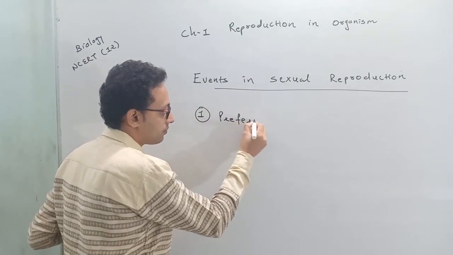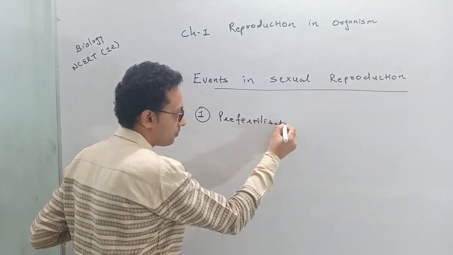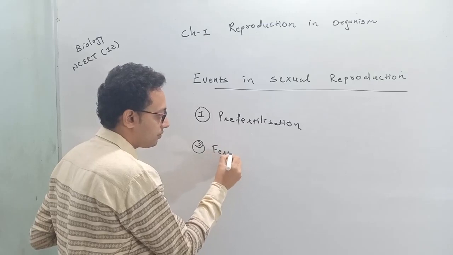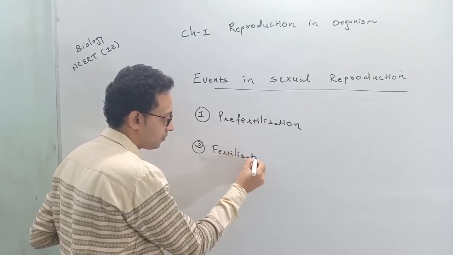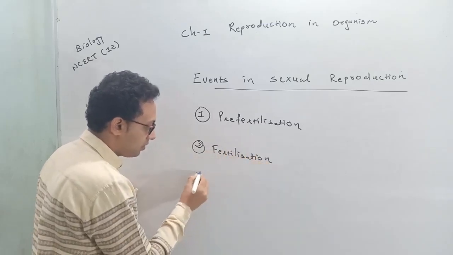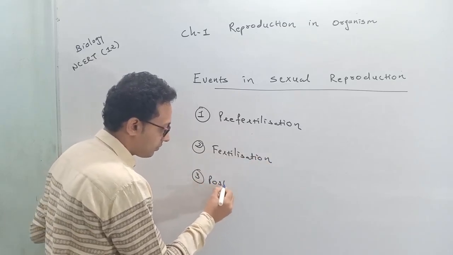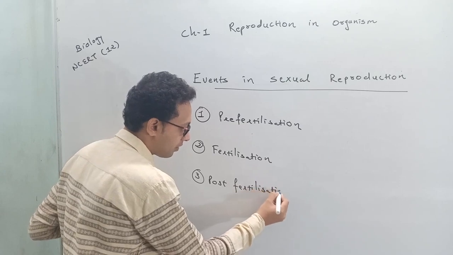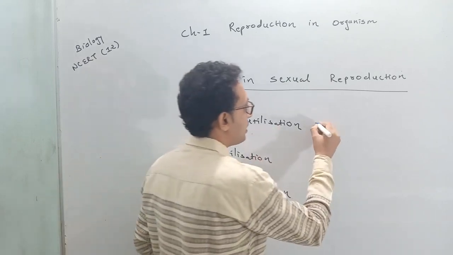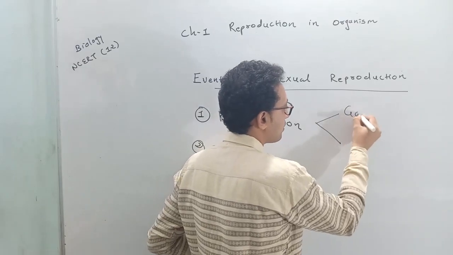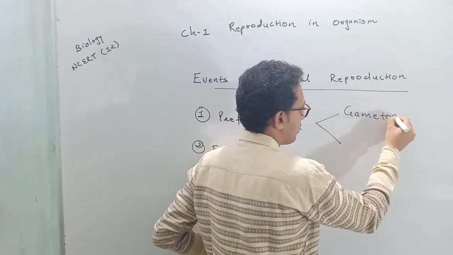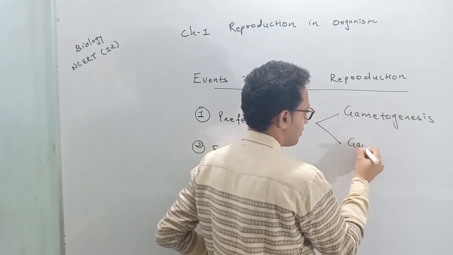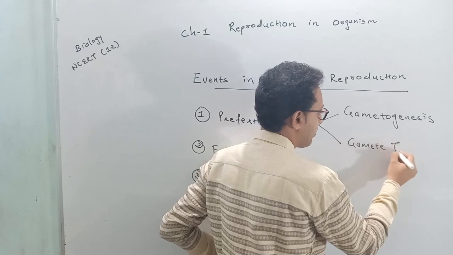The basic events of sexual reproduction are pre-fertilization, second, fertilization, third, post-fertilization. Pre-fertilization includes two types of events: gametogenesis and the second one is gamete transfer.